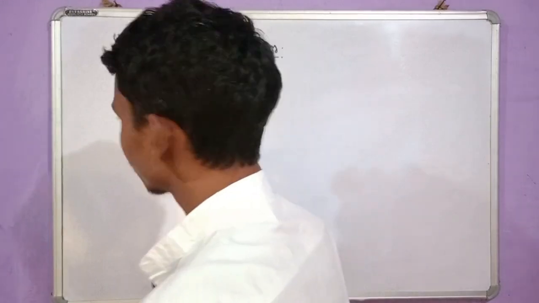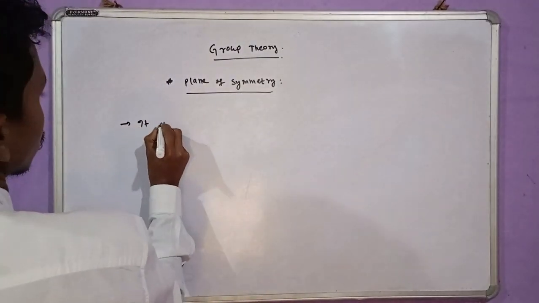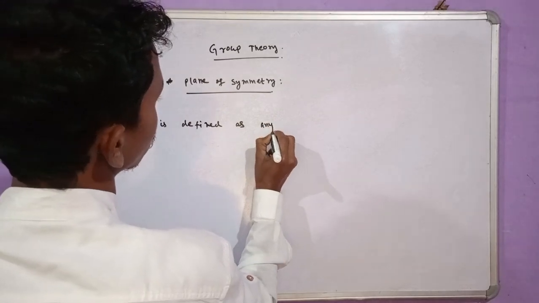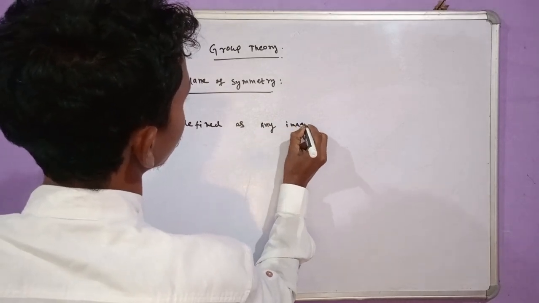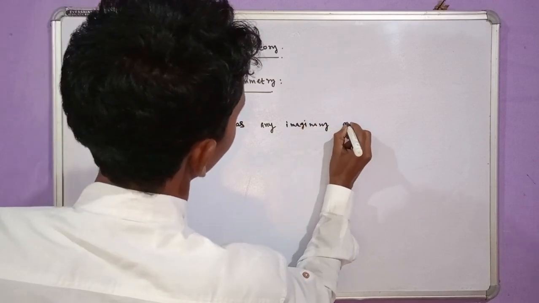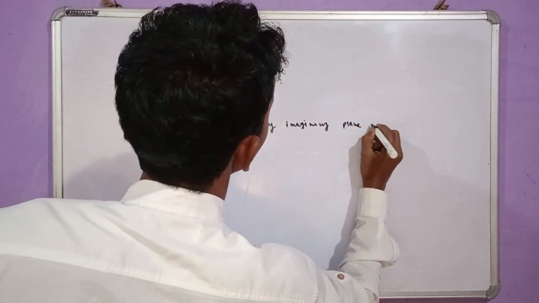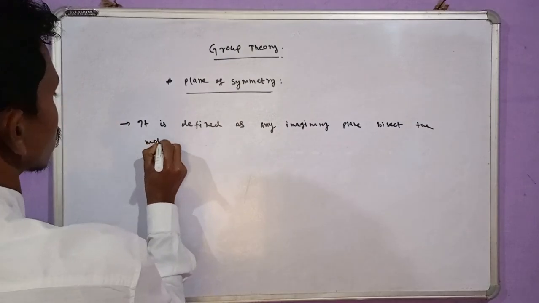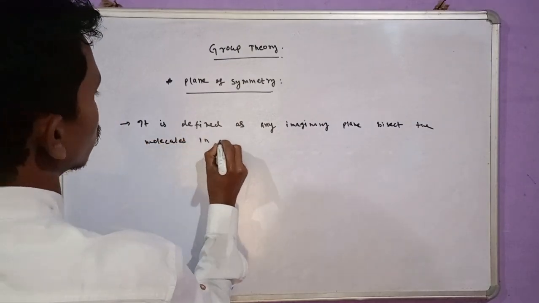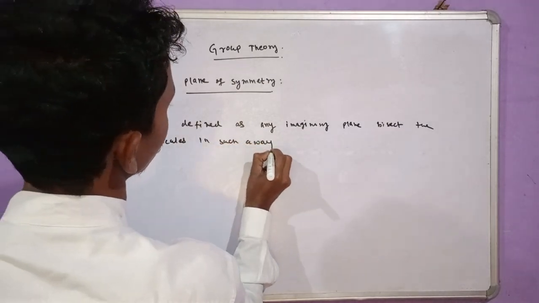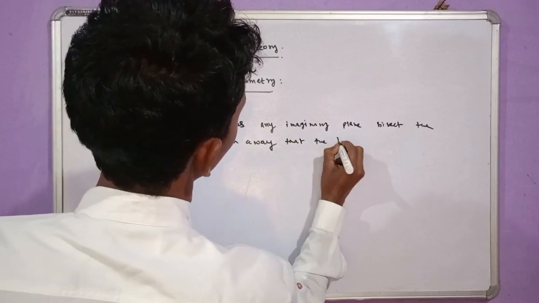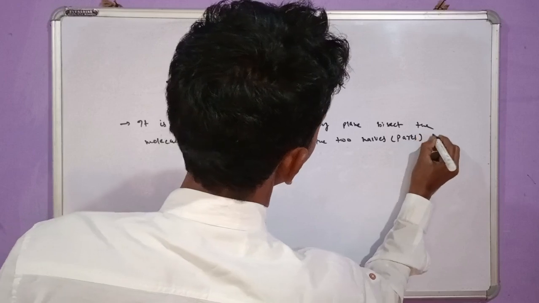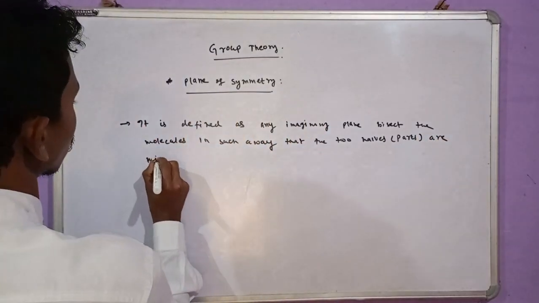If we define the plane of symmetry, it is defined as any imaginary plane that bisects the molecule in such a way that the two halves or parts are mirror images of each other.